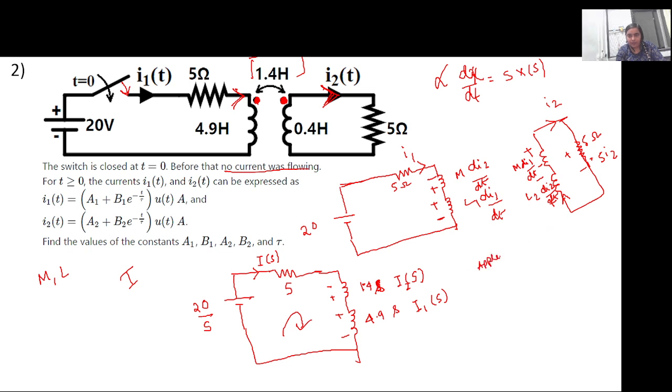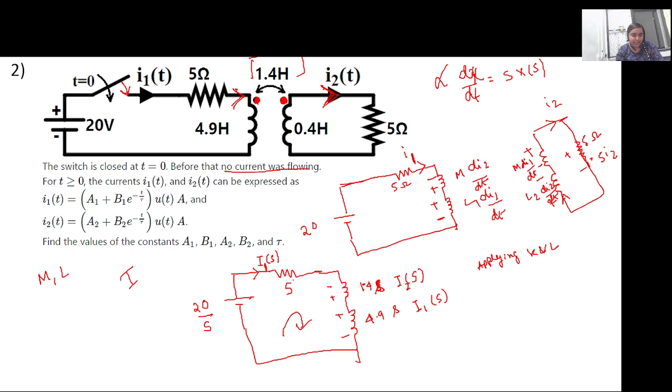Ma'am, you have written I of S in the first loop, but in the question they have given it as I1 of t. Yes, it will be I1. Since two different currents are flowing, taking it into the frequency domain, it will be I1 of S.